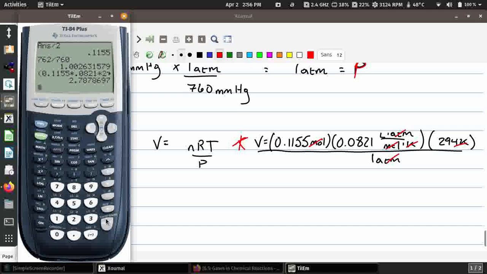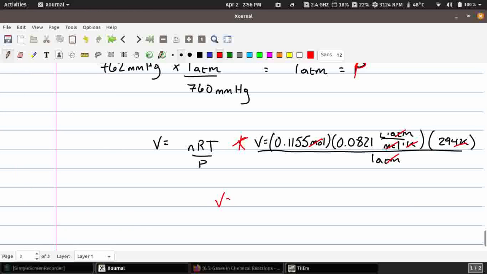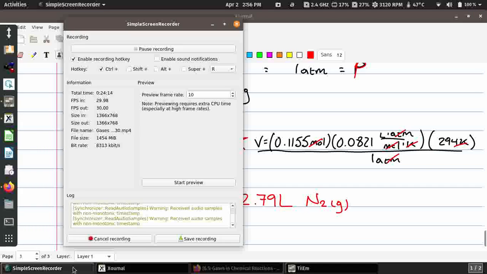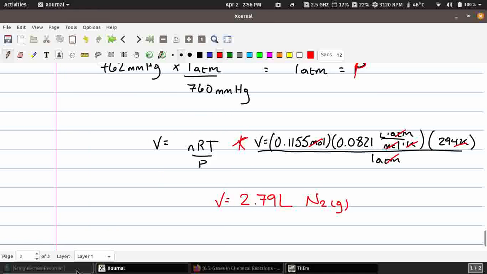So that means you're going to make a total of about 2.79 liters of nitrogen gas. Alright, so that's pretty much it for this.